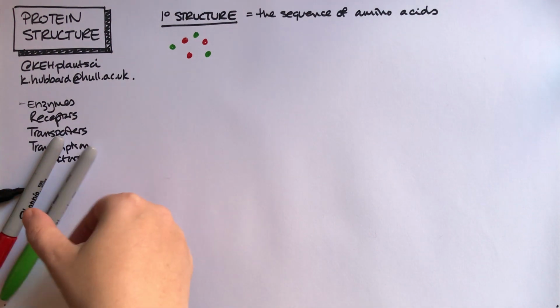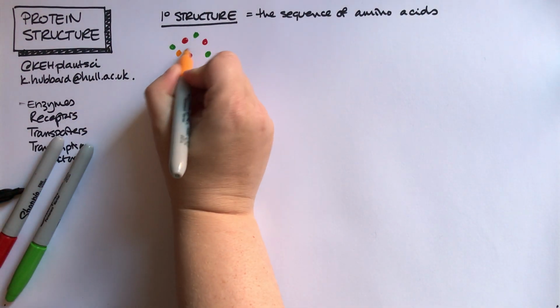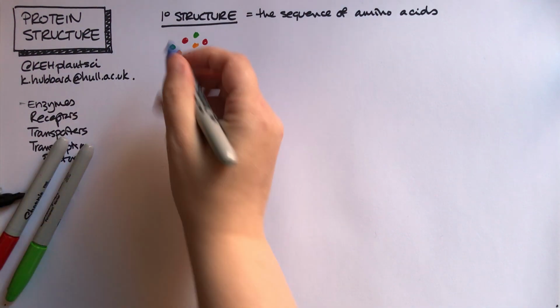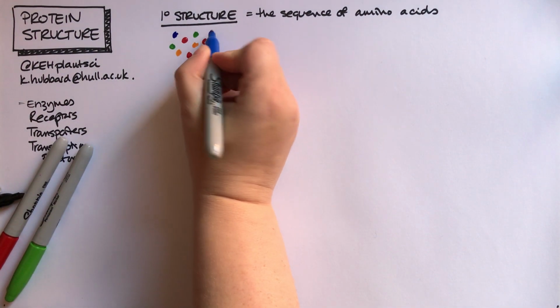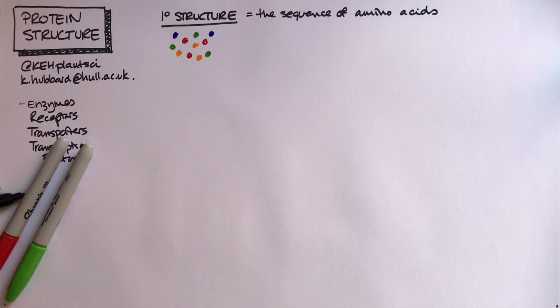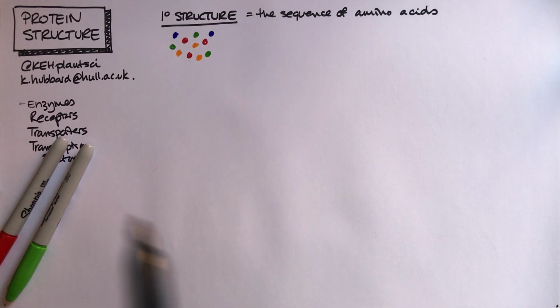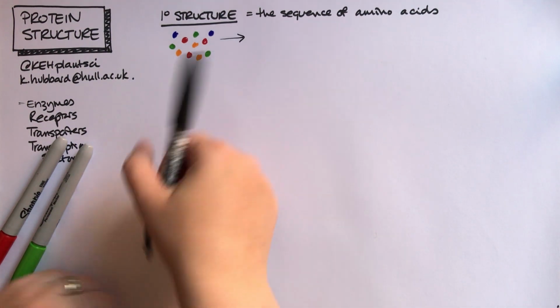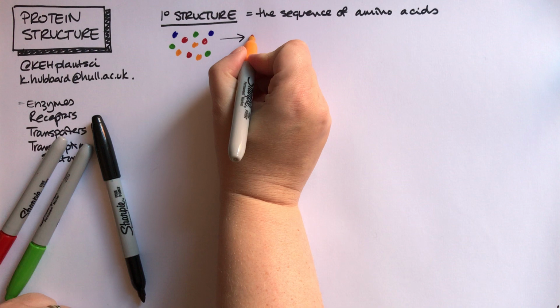There are actually 20 different types of amino acid, I've just shown 4 here. The primary structure is the process of turning those into a chain of amino acids.